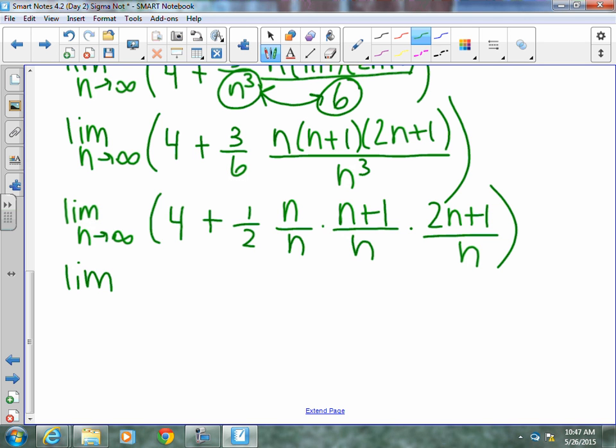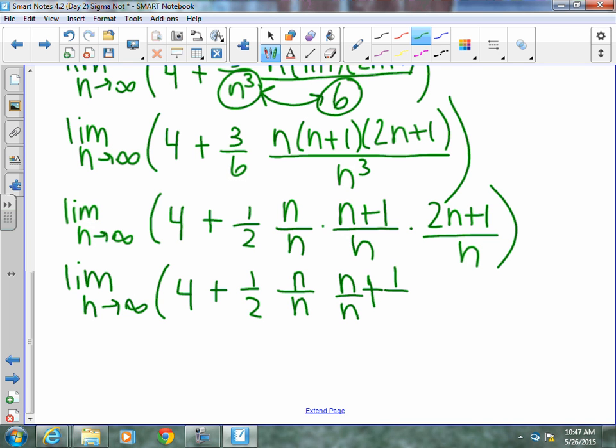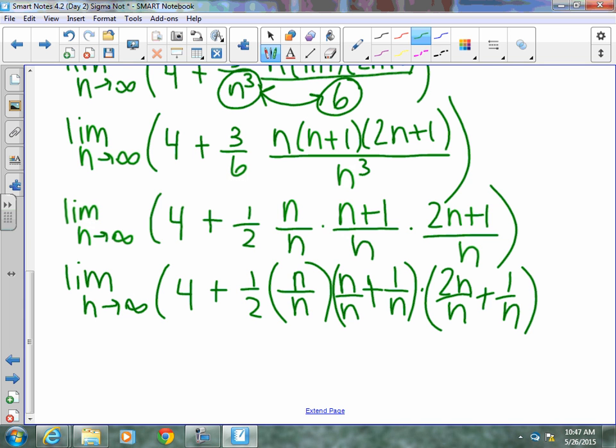Now, when we have a single term in the denominator, we can break it up: n over n, n plus 1 over n, and 2n plus 1 over n. So far, if you think about this as multiplication, we're still multiplying.